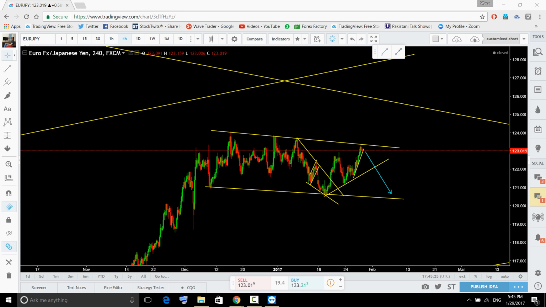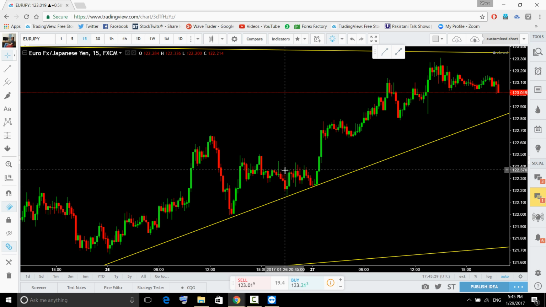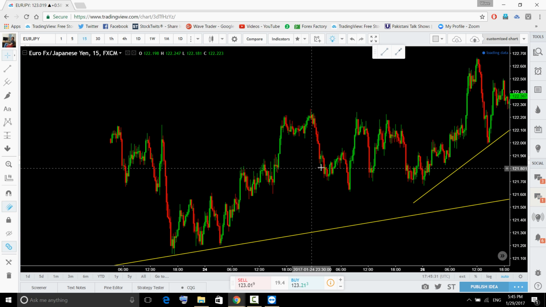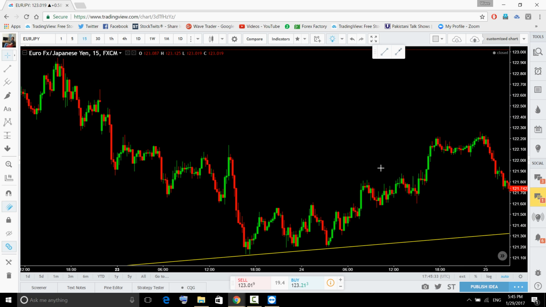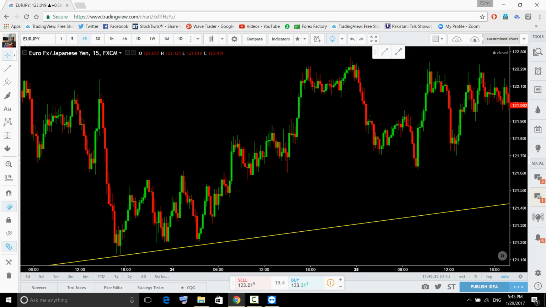So you can get the idea by looking at your lower time frame which way price is going to go. For example, when price was at the bottom, you can look at your chart, what price is doing over there.